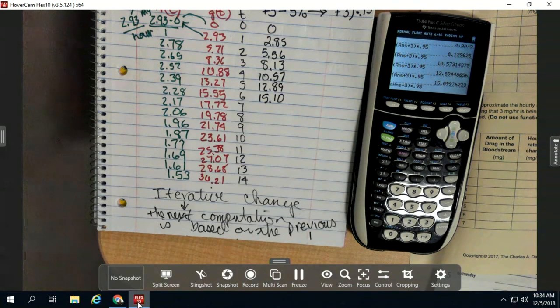No. Okay, now, some parentheses. Second function answer. So it's going to take this number, add 3, close parentheses, times 0.95.